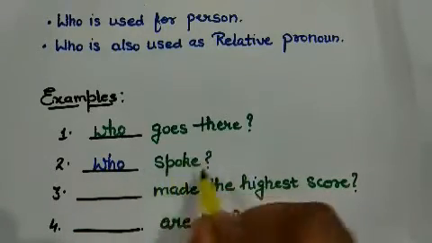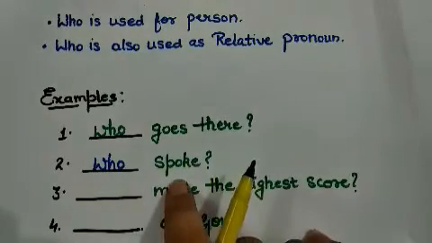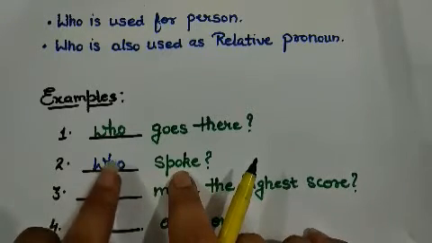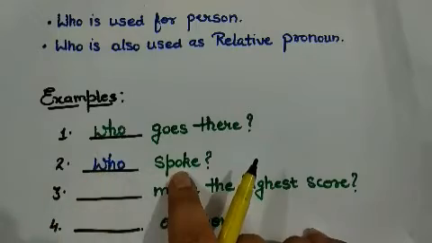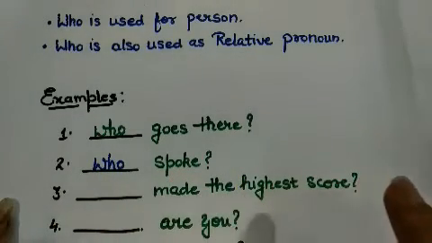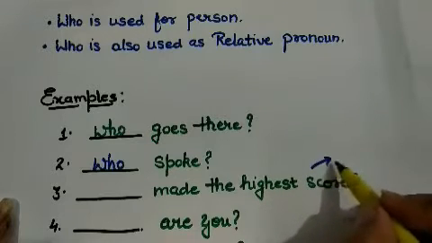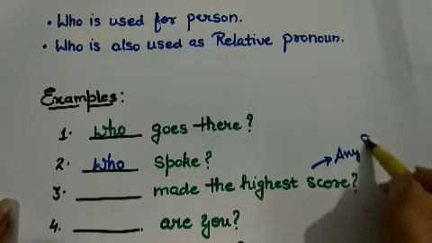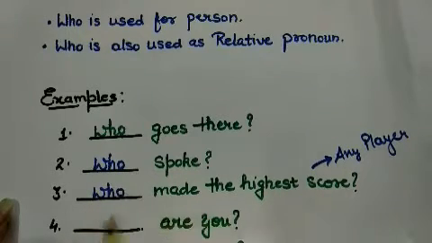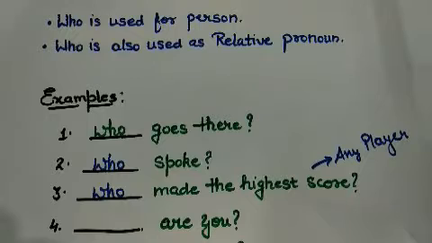The person I'm talking about has spoken something, so I have used who for the person. Now dash made the highest score. Any person, any player, so I can use who here. Basically, we use who for a person.